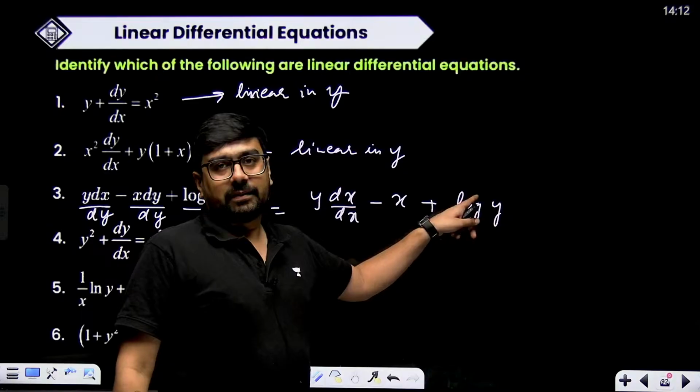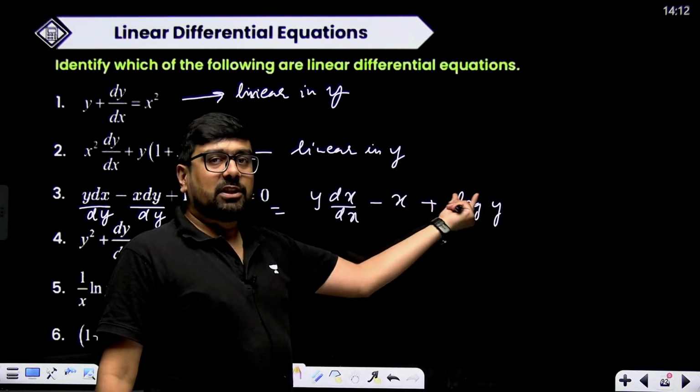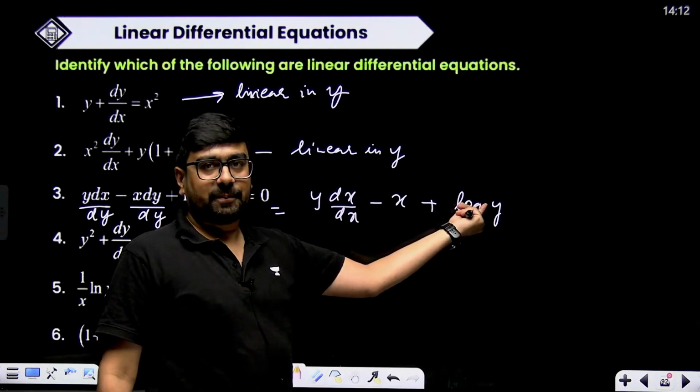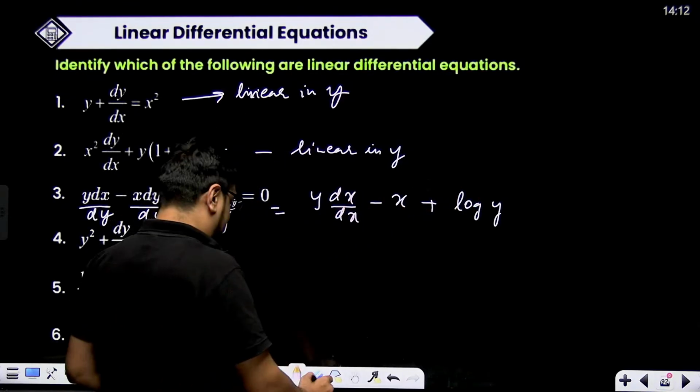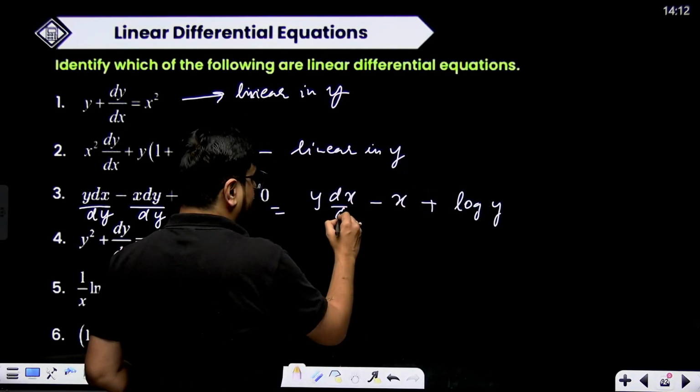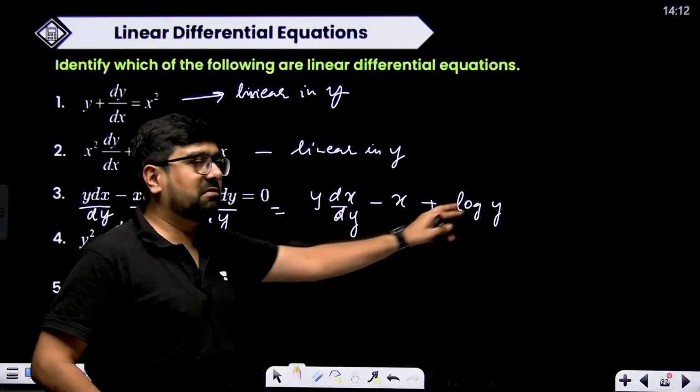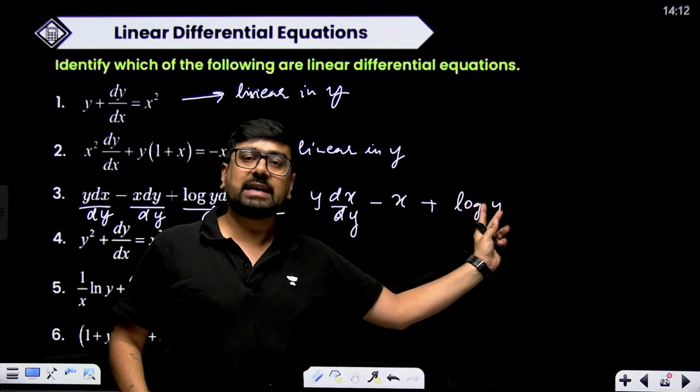This is not linear because y is with log. Y is not linear here. So first of all, this is not linear in y. And dx by dy here we have. So in y definitely it's not linear because y is inside log.